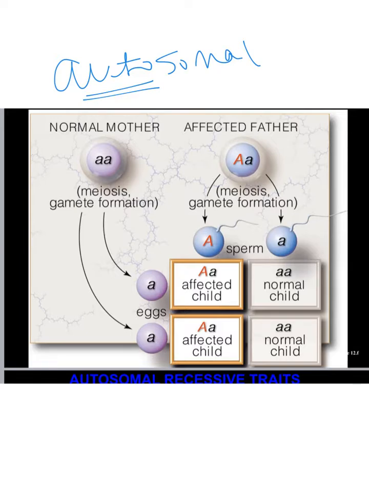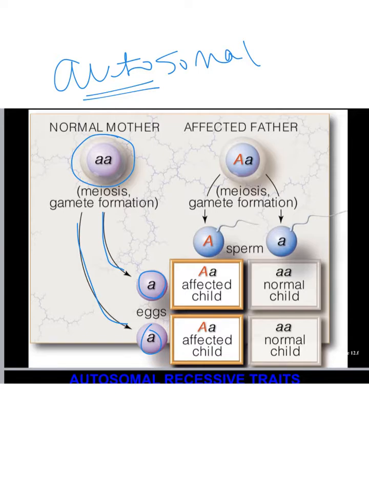If we have a normal mother, she is Aa. She is not affected by this condition at all. She's perfectly normal. During meiosis, her gametes are going to form, and she's going to give us either a big A or a little a.